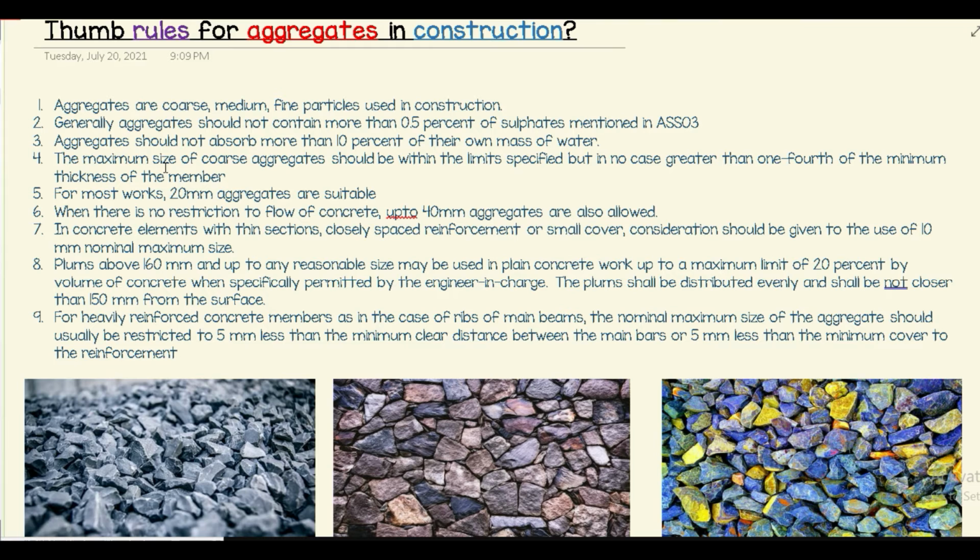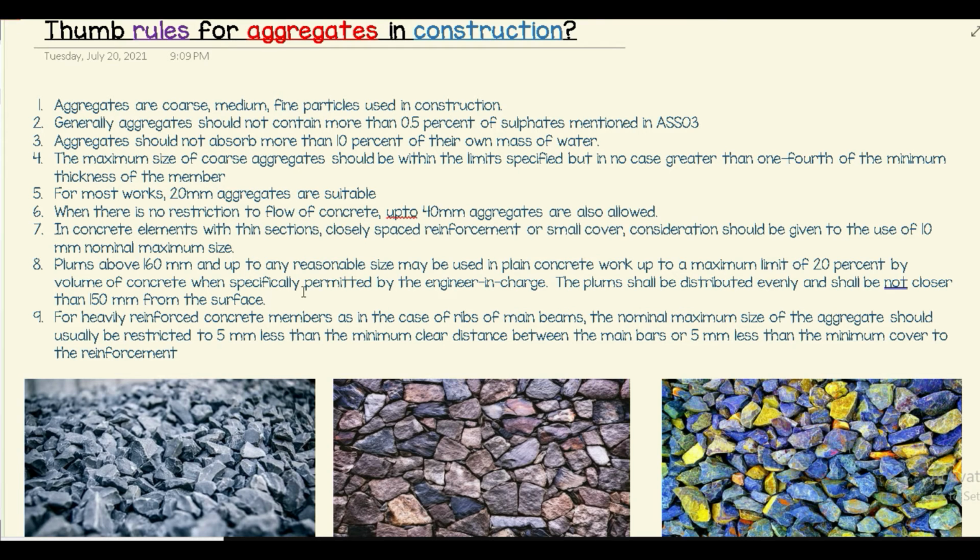And then at number eight, it says that plums above 160 mm and up to any reasonable size may be used in plain concrete work up to a maximum limit of 20% by volume of concrete, when specifically permitted by the engineer in charge. The plums shall be distributed evenly and should not be closer than 150 mm from the surface.